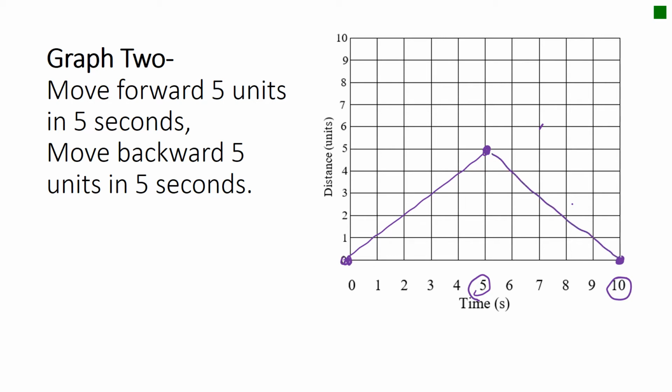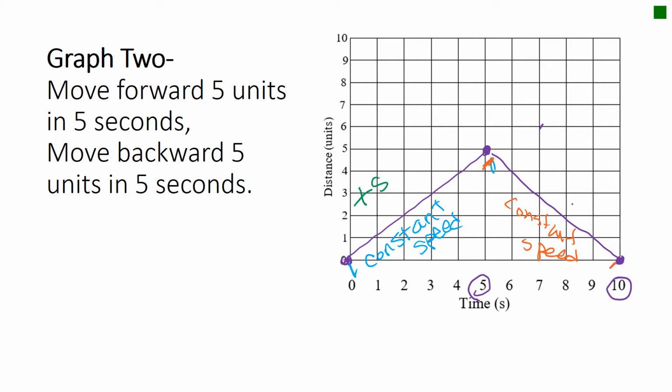What I want you to note in this particular graph, first off, is that during this period of time, from here to here, you're going at a constant speed. From here to here, you are also going at a constant speed. The difference, though, is the direction you're going.